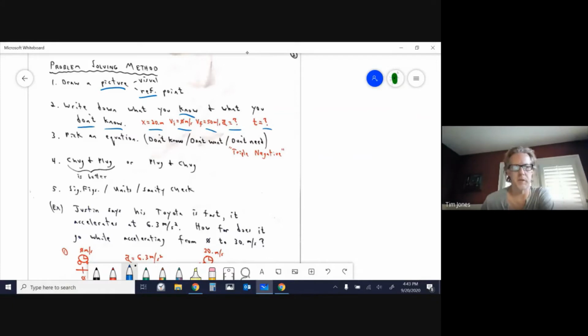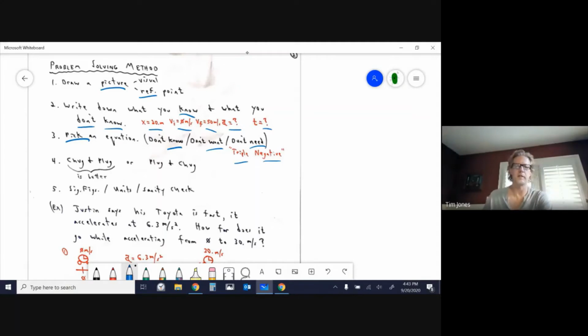It's like in math class when they say write down all your variables. Then pick which equation you want to use. You can choose the equation based on what you don't know, or what you don't want, or what you don't need. And it's a funny little triple negative situation. And I'll show how to do that.